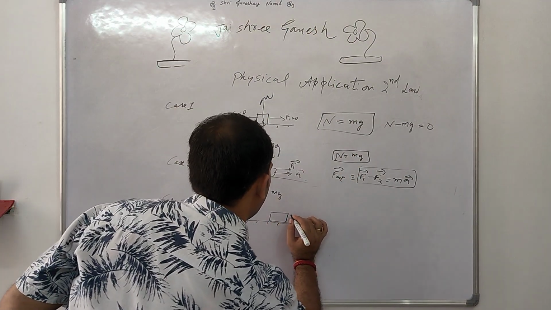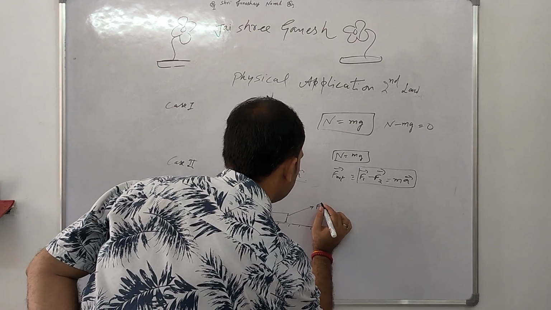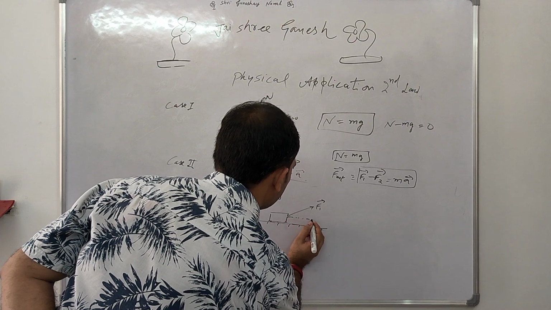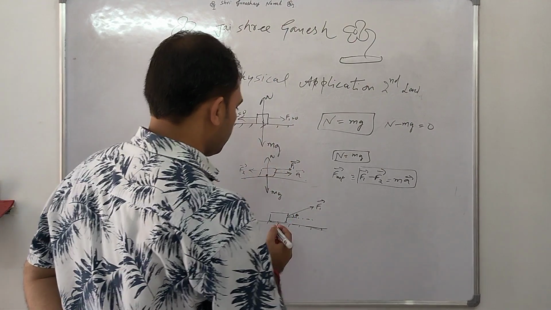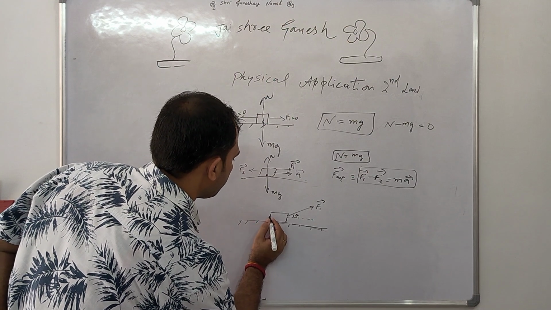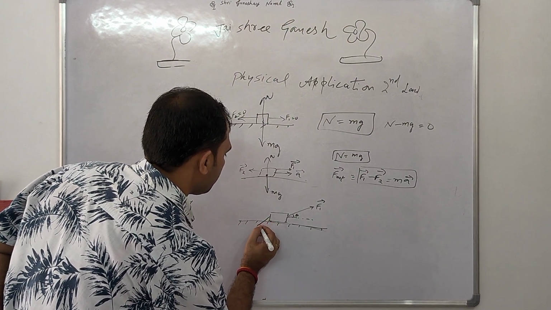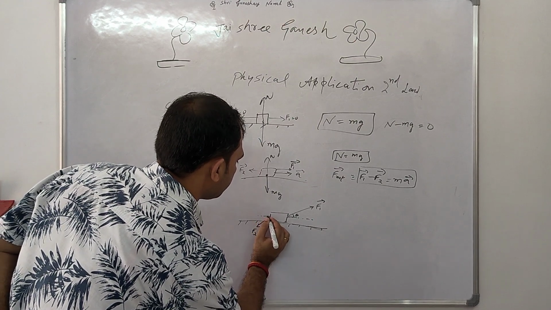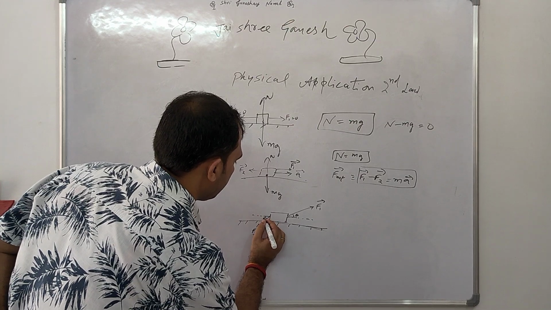A force F1 is acting at angle theta with the horizontal, and a force F2 is acting at this angle alpha.